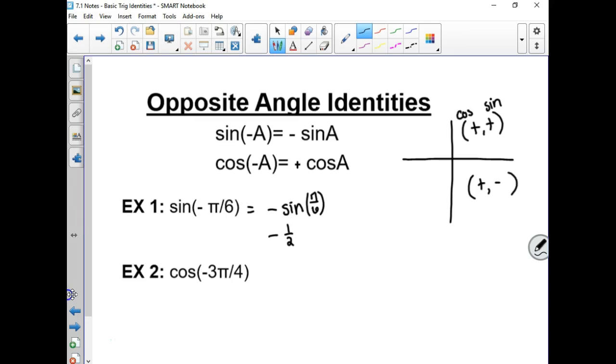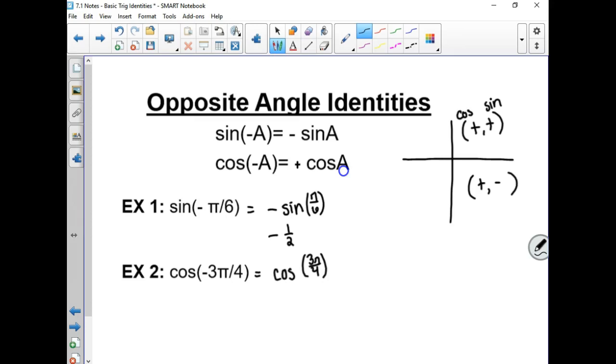However, for number 2, we've got cosine of negative 3 pi over 4. Well, cosine of negative 3 pi over 4 is going to be the same as positive cosine of 3 pi over 4.